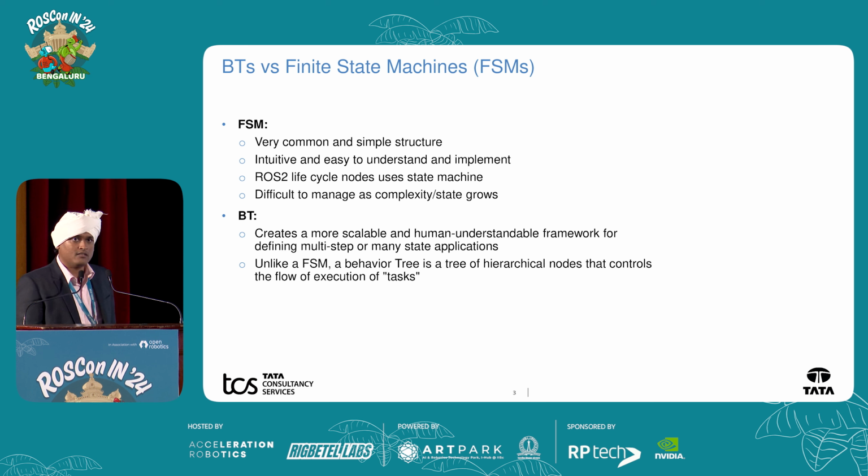Don't get me wrong, state machines are still relevant in the lower layer, but when it comes to complex task switching and control, behavior trees are far better. It's still a scalable and human understandable framework for our applications, and it's just a tree hierarchy, so it's easy to track your flow of tasks.